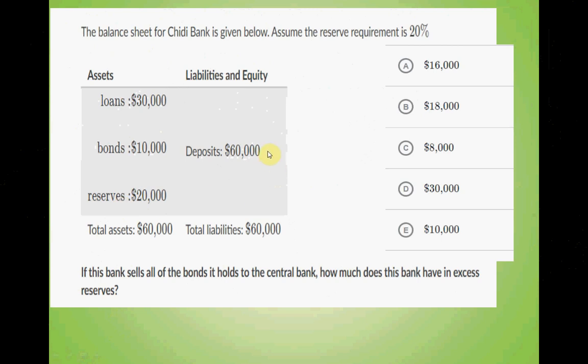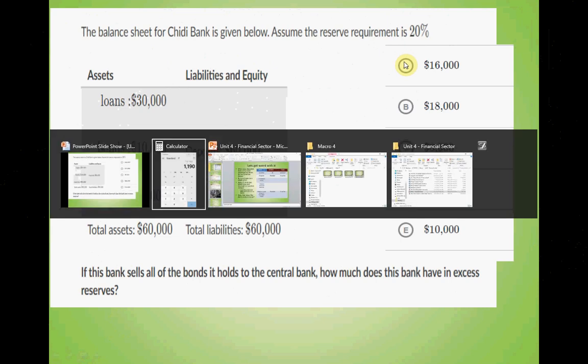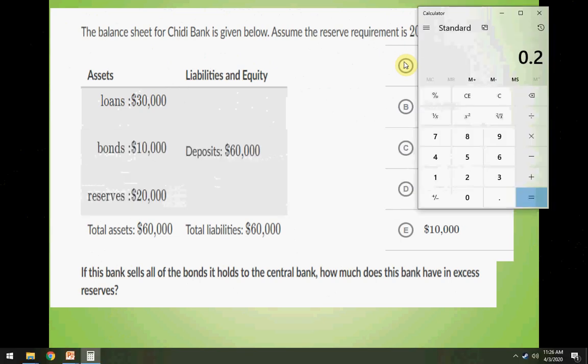All right, so if they have $60,000 of liabilities, how much of this $60,000 do they need to keep as required reserves? Well, pay attention because they gave you a different reserve requirement. The reserve requirement is 20%. So how much of that money do they need to keep reserved? All right, so 0.2, so 20% of 60,000.